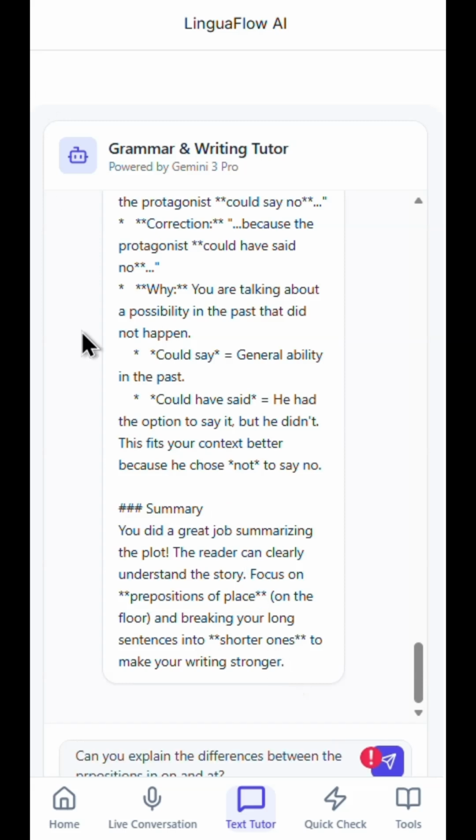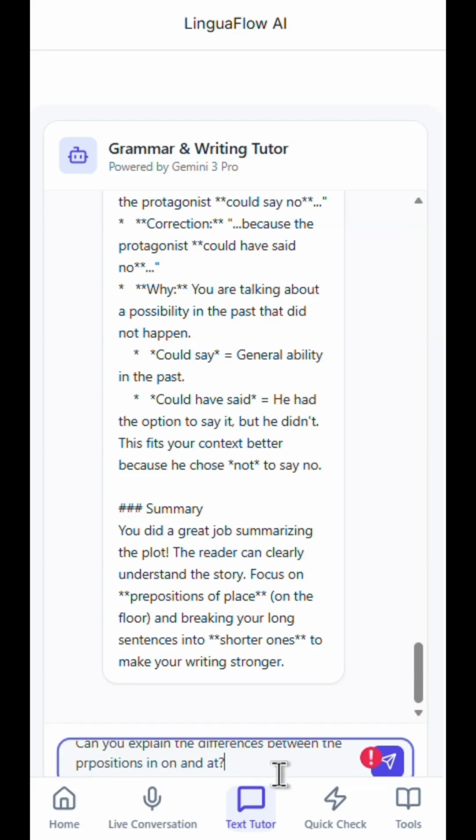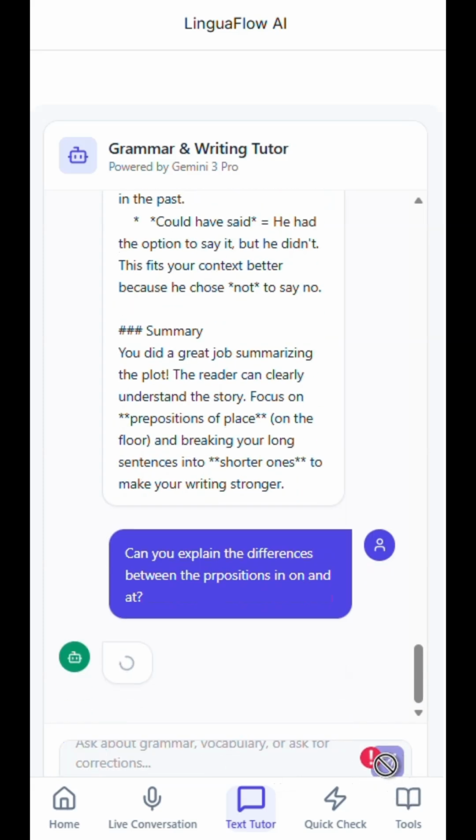So I've now typed in, can you explain the differences between the prepositions in, on and at? I did make a typo there.